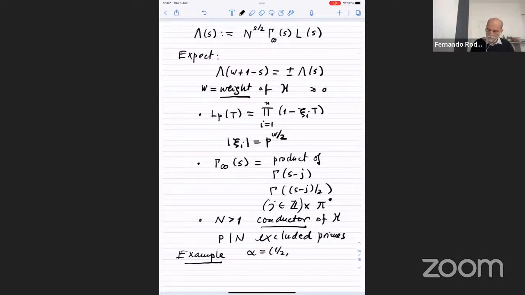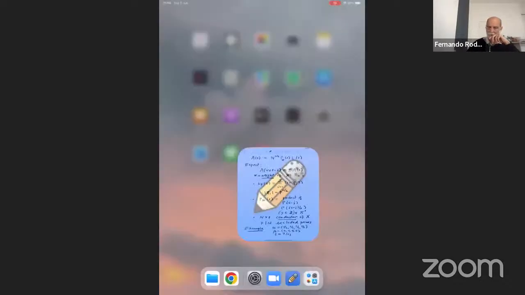I take alpha to be a half, 4 times, and beta to be 0, 0, 0, 0. And I take t, initially I'll take it to be some random number. 7/11 seems random enough.